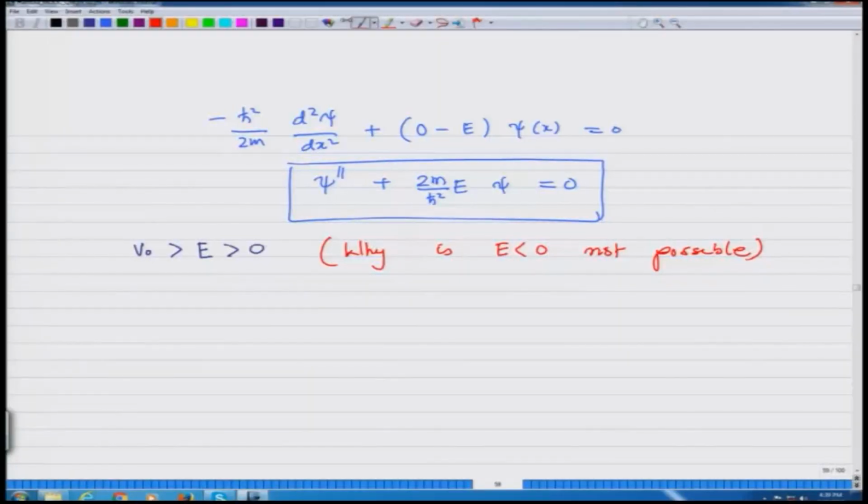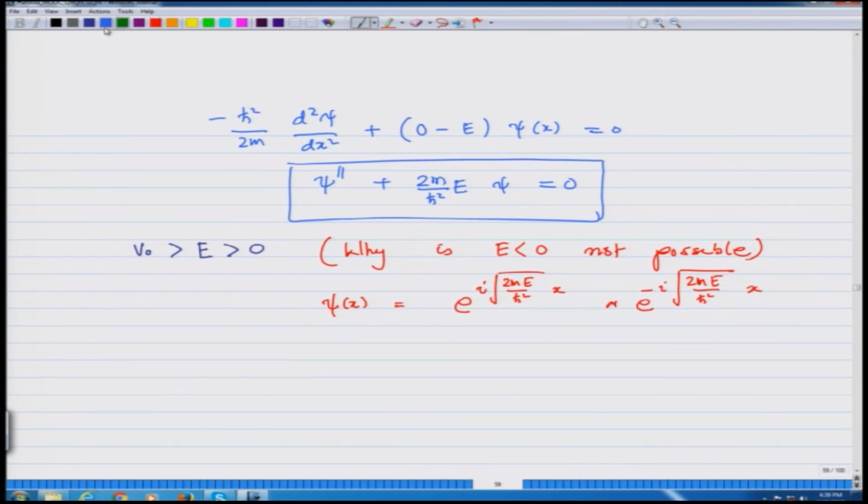But for the time being, we will take that E is greater than 0 and less than V 0 for a bound state. Immediately the solution is very clear that psi x for this equation is going to be either e raised to i square root of 2 m E over h cross square x, or e raised to minus i square root of 2 m E over h cross square x.